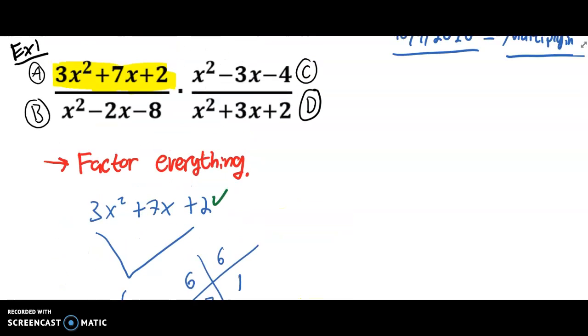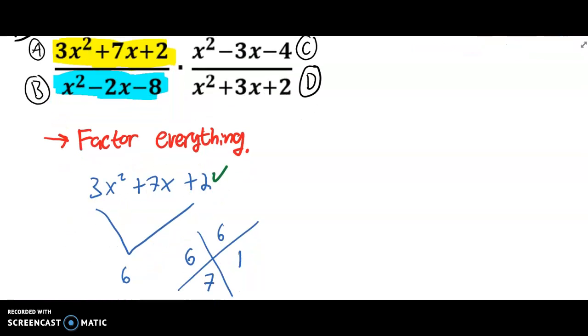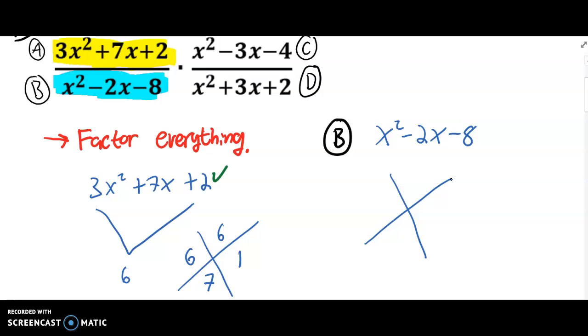Okay, let's do our blue part B. I've got x squared minus 2x minus 8. We can go straight to our x because our a value is just 1. I have negative 8 and negative 2.